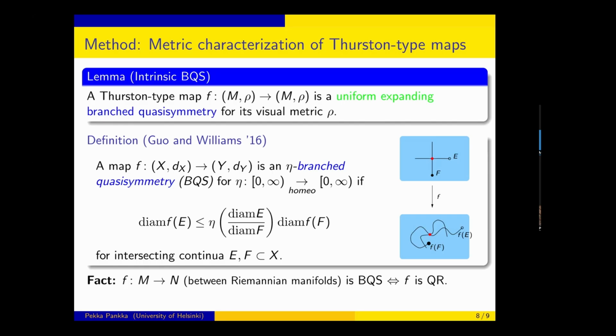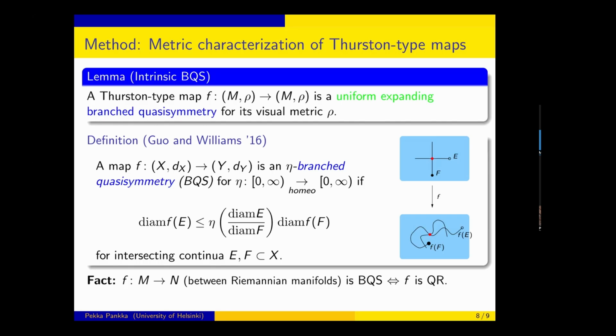And now you see that we have this very familiar type of behavior for mappings. It is a relatively easy fact in the manifold setting that a mapping is a branched quasisymmetry if and only if it's a quasi-regular map.